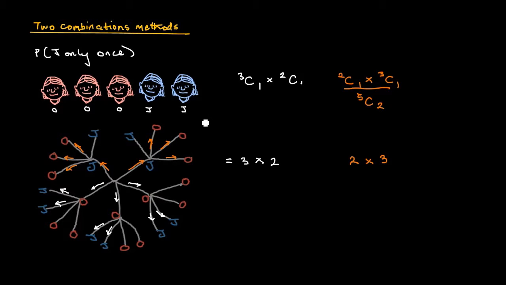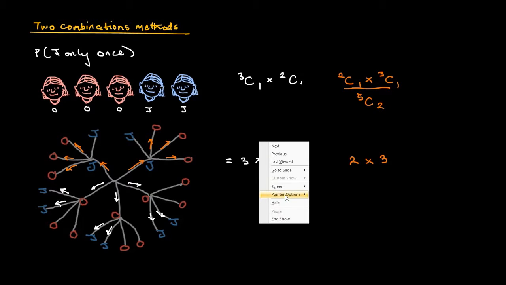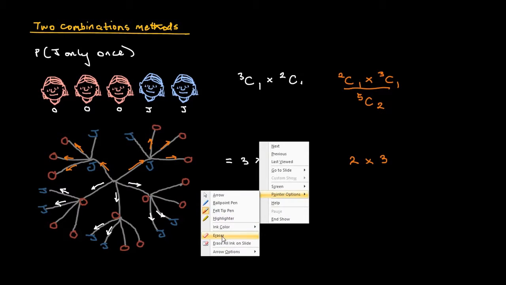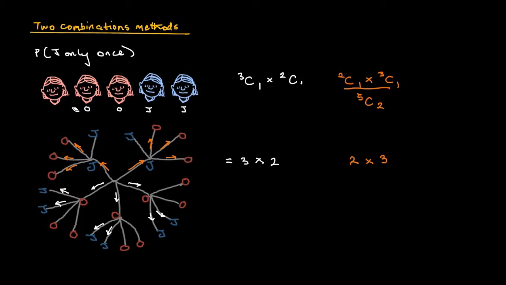It's less easy to see with the way I've set it out here. So what I'm going to do now is erase these. To see how the denominator works, it's much easier to think about these as just 5 separate things without any labels at all. Or if you like, we can say they're different things: A, B, C, D, and E.